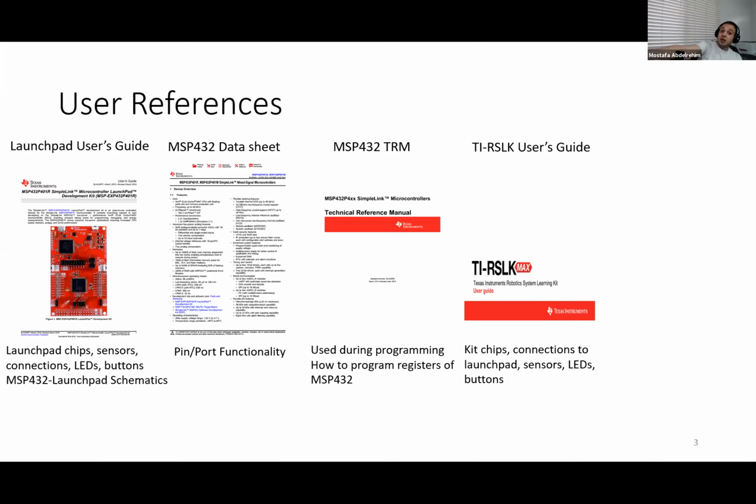And this user's guide basically teaches you what's on the chassis board, all the sensors that you can use, how to assemble or disassemble the kit itself, and what the interfaces are between the kit and the Launchpad, or any Launchpad that can be connected to that kit, because we can attach to it, for example, an LCD, or some other interfaces like a speaker.